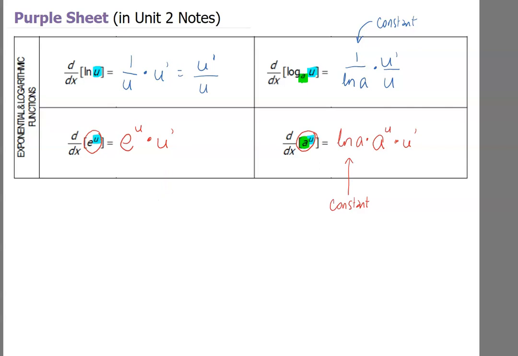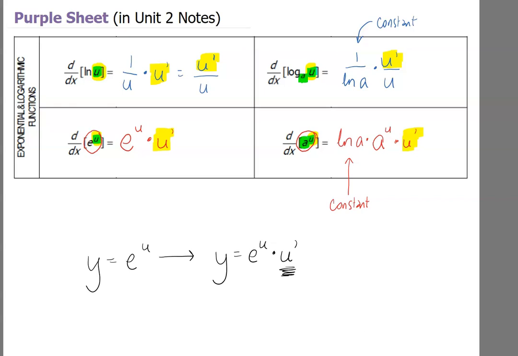But something I want to emphasize for the bajillionth time is that on the purple sheet, most of the things, I think maybe all of the things we filled out so far have had x's in them, just because we didn't learn the chain rule until a week ago. From this point forward, all the derivatives we write are going to already have the chain rule done for you. So you're not going to have to separately write out y equals e to the u, and then be like, oh, do I need a fixer piece?